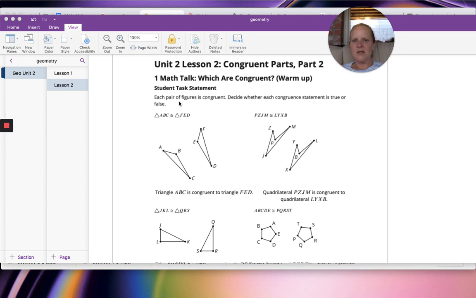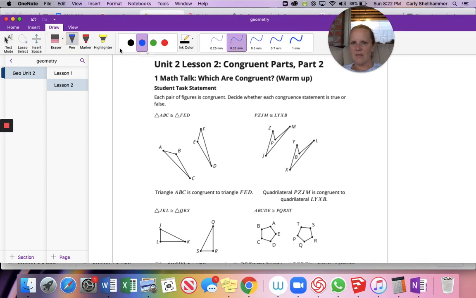Alright, so each pair of figures is congruent. Decide whether each congruence statement is true or false. We see that triangle ABC is congruent to triangle FED. That means angle A is congruent to F, angle B is congruent to E, angle C is congruent to D. Side AB should be congruent to side FE.